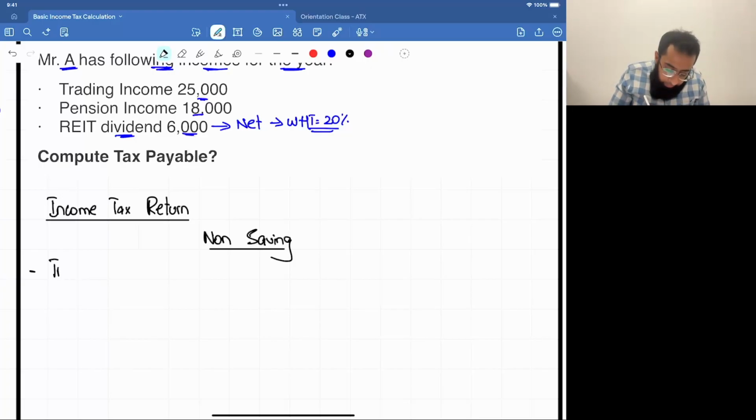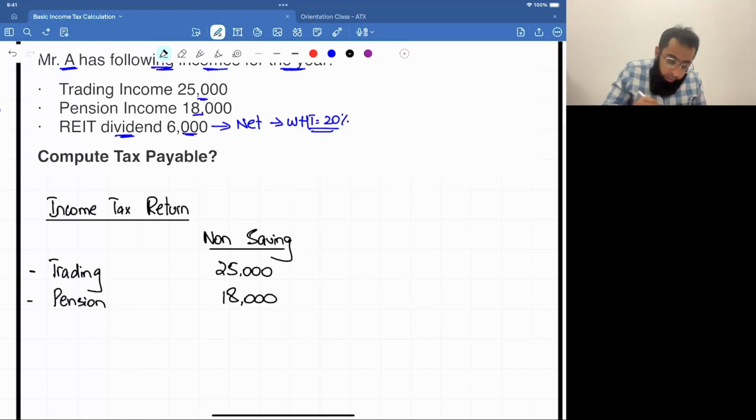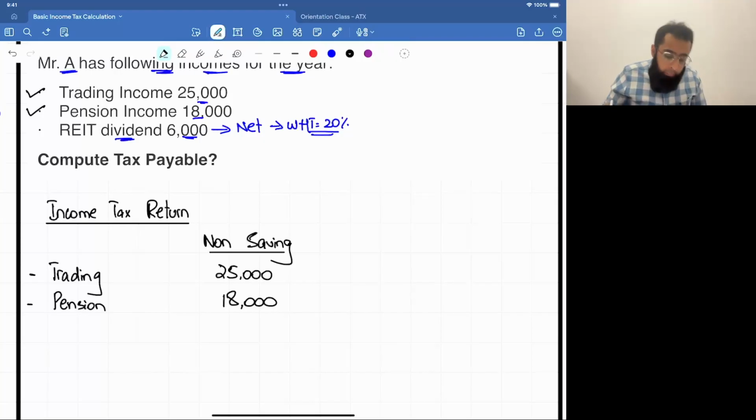So the trading income is 25,000. Pension income is 18,000. Trading income 25. Pension income 18. Then we have real estate investment trust 6,000.